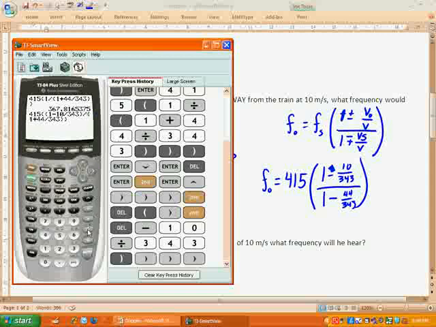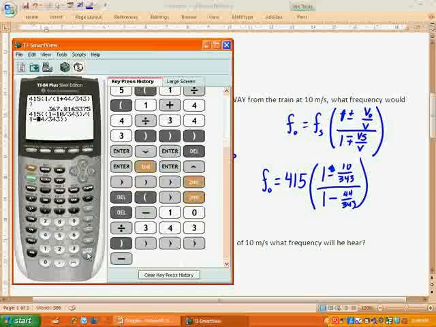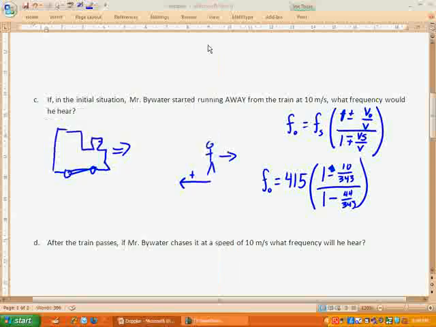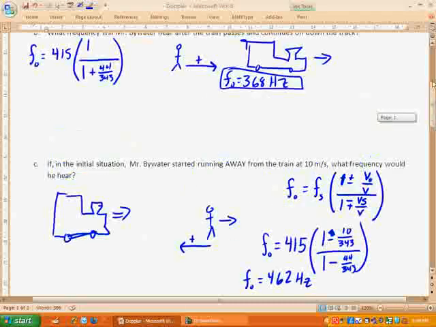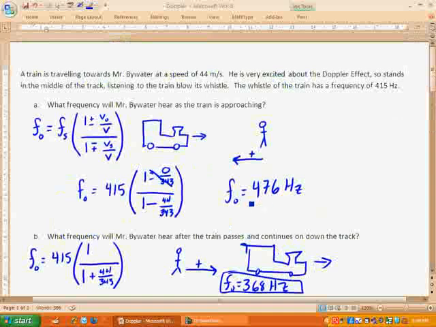And we get 462 hertz. So the frequency heard by the observer is 462 hertz. Which makes sense because when it was just the train moving towards me, it was 476, and since I'm running away, I should get something slightly less than this. And so there you go.